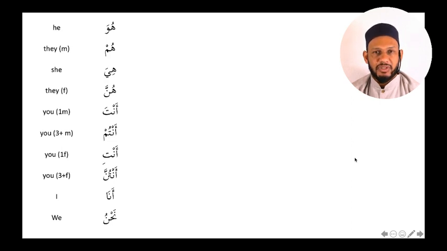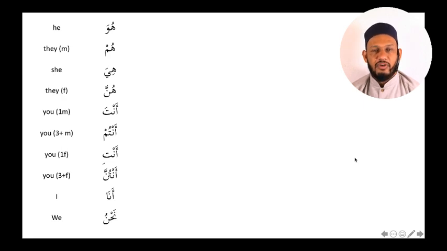Anta, you, one male. Antum, you, many males or mixed group. Anti, you, one female. Antunna, you, many females. Again with translation. Anta, you one male. Antum, you many males or mixed group. Anti, you one female. Antunna, you many females.